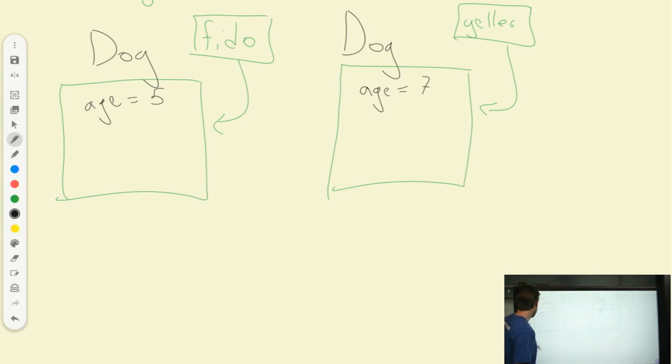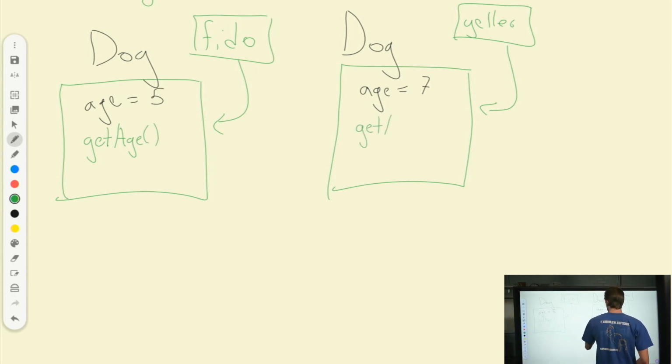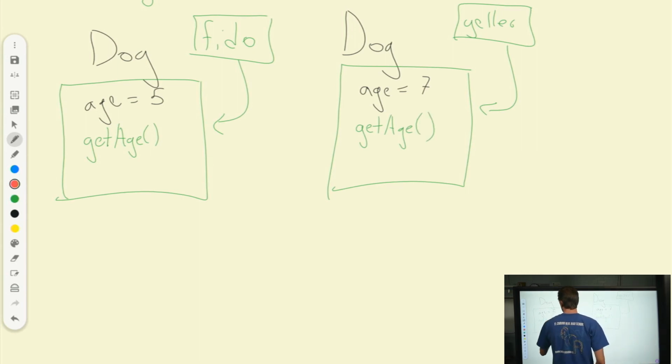So these two objects are going to have two different values, both of dog type, and when we call our get age on this one and our get age on this one, we're going to get two different values because this is going to return 5.